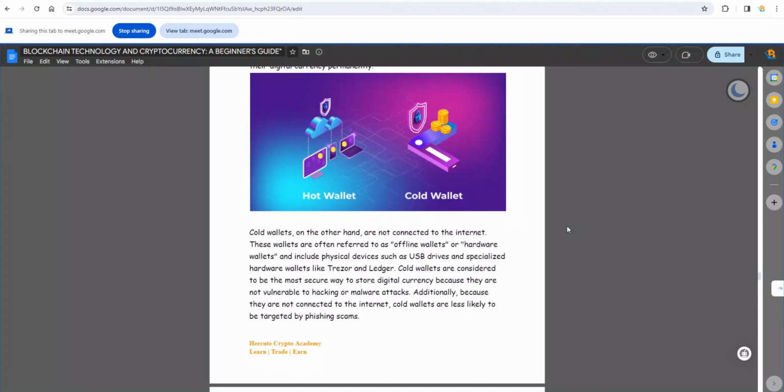Additionally, because they are not connected to the internet, cold wallets are less likely to be targeted by phishing scams. What are phishing scams? Phishing scams is whereby, let's say, for example, you have a Binance account and a hacker knows that you have a Binance account. They will send you a mail that looks like it's actually coming from Binance, and they tell you, hi so and so, you need to update your wallet by clicking on this link.